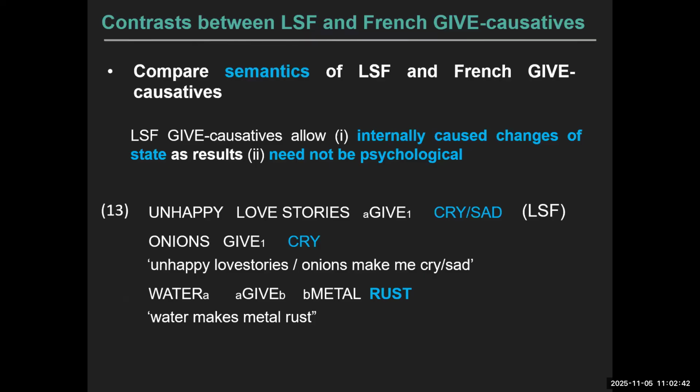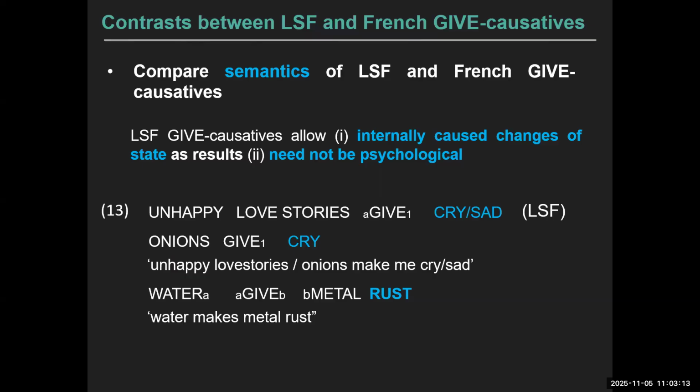Now I'm going to be comparing spoken French and LSF with regards to the give causative some more. So in LSF, the give causative can allow for internally caused changes of state, and they do not necessarily need to be psychological, whereas French actually requires it to be psychological.